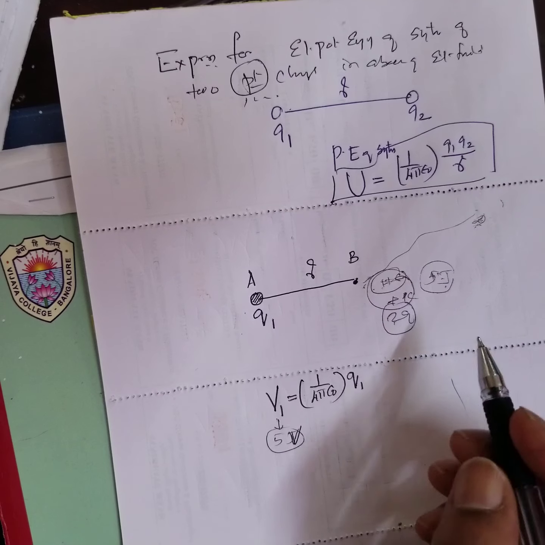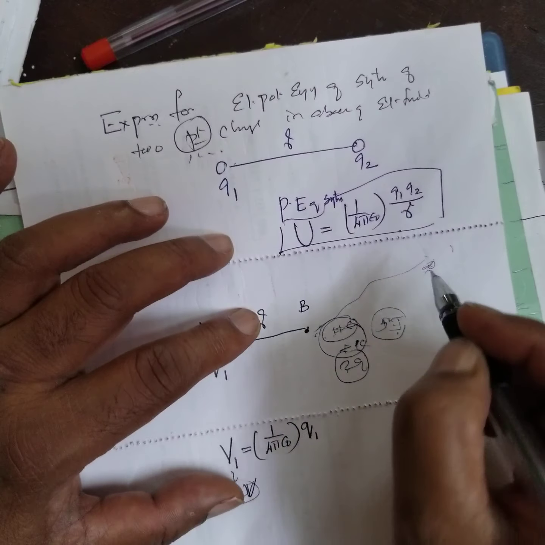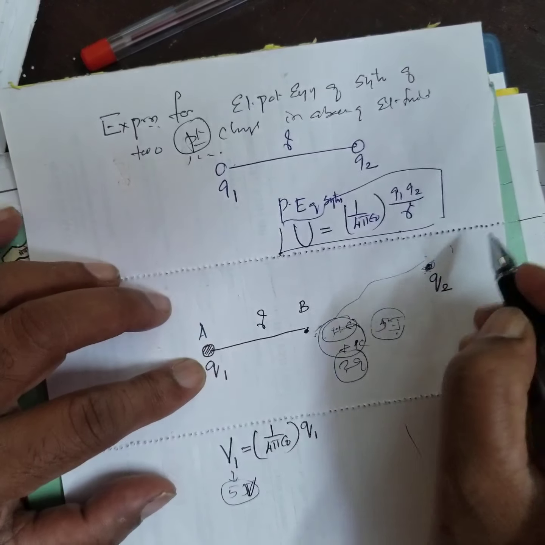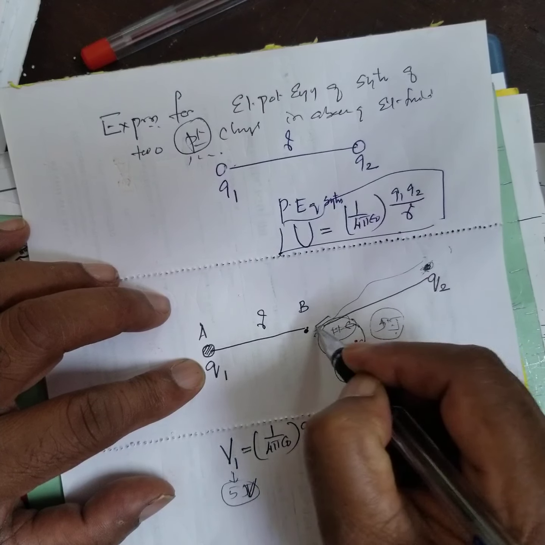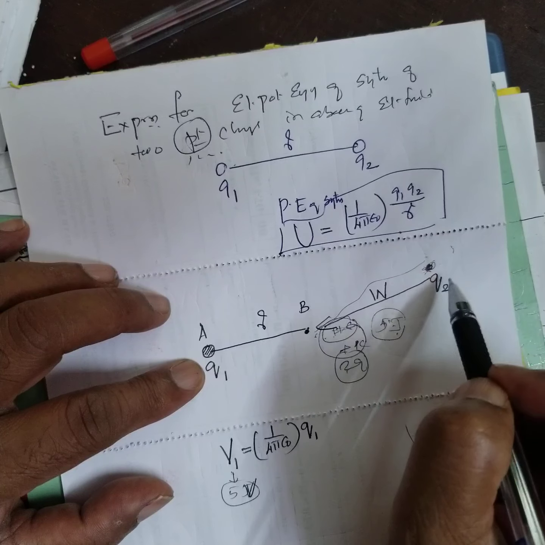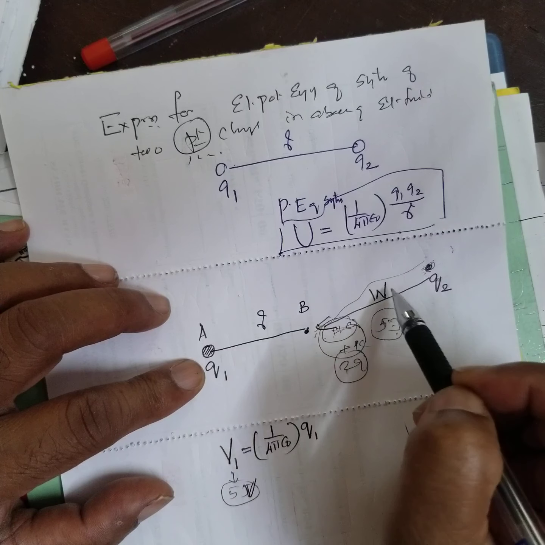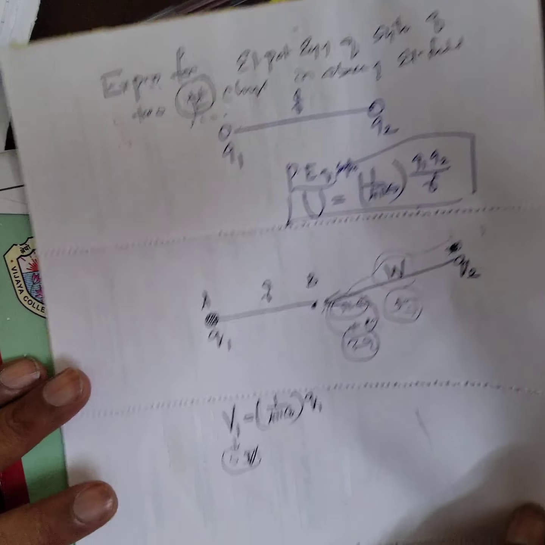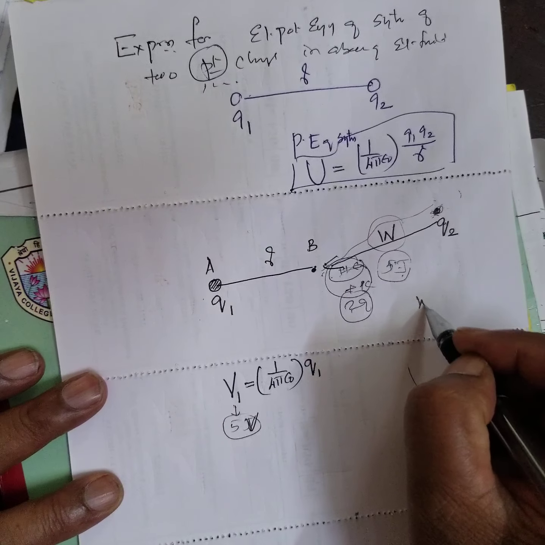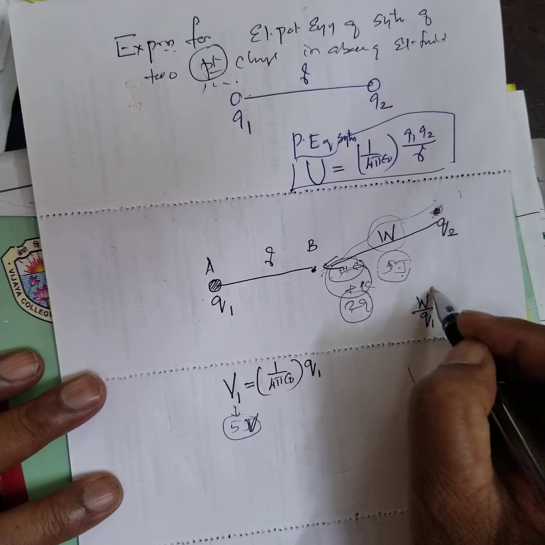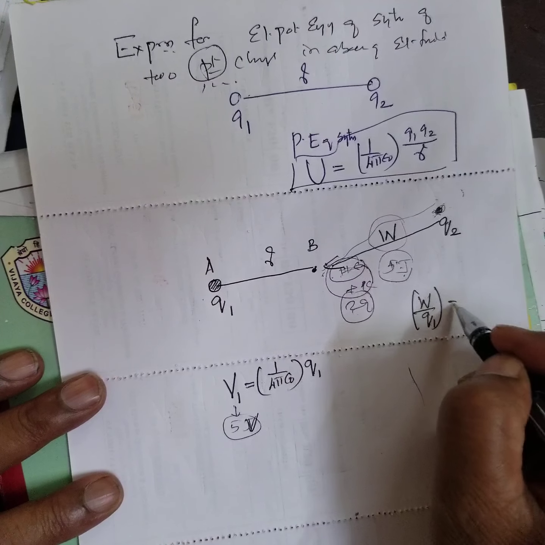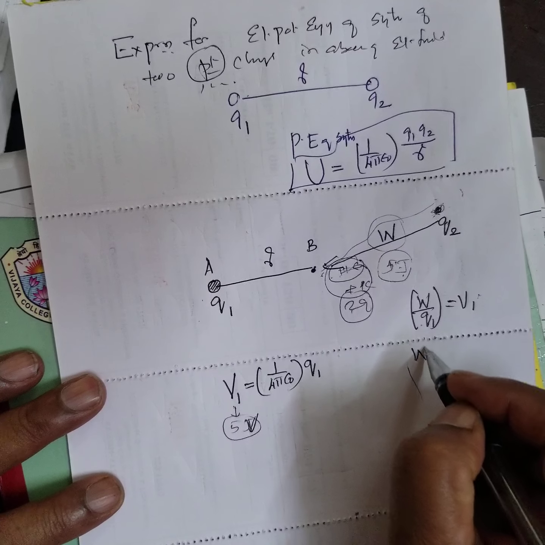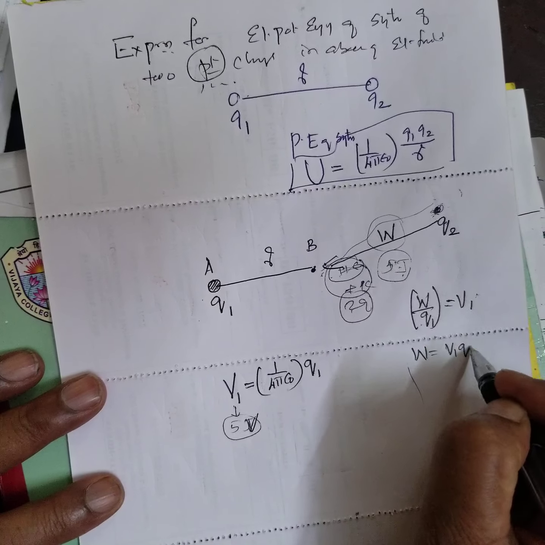Understood? Therefore, suppose there is a charge Q, what is the total work done in shifting this charge from here to here? That is the work done per unit charge, which is called potential. So the work done is equal to V1 times Q1, remember.